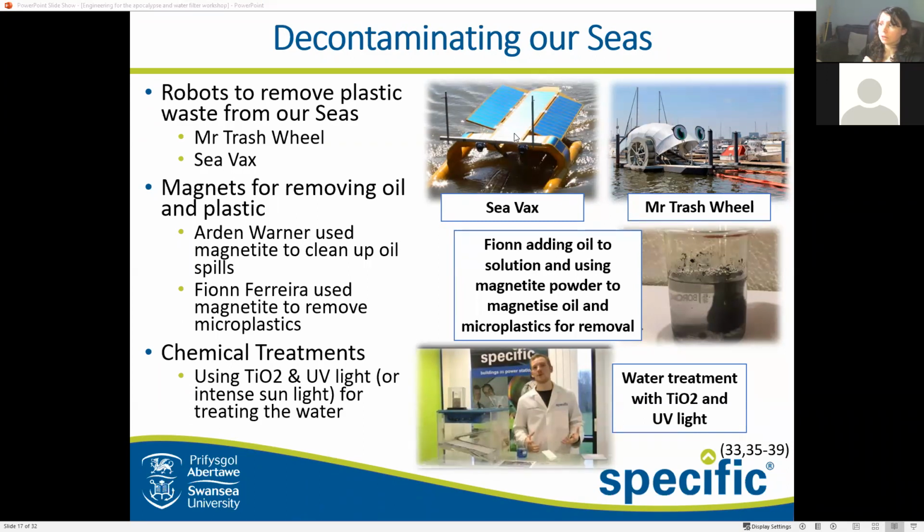Another cool design, but instead of using a water wheel, using a solar system which is capable of going further out to sea, is Seavax, which is a robotic vacuum ship created by Bluebird Marine Systems Limited, which can vacuum apparently up to 50 tons of rubbish at a time. It is increased when used alongside something else they have called CNET, which increases that capacity so it doesn't have to come back in as often.